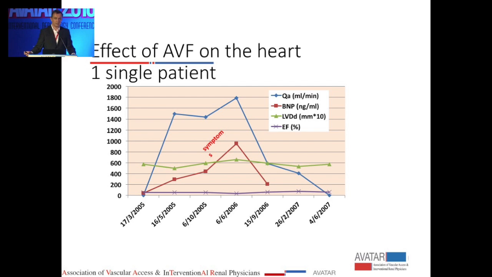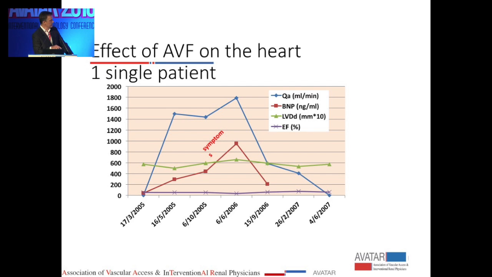I like this chart showing the time development of one single patient who was extensively studied in our hospital. It's a lady, about 50 years old at the time when she needed vascular access, and she also had echocardiography and so on. The blue curve means the access flow volume.